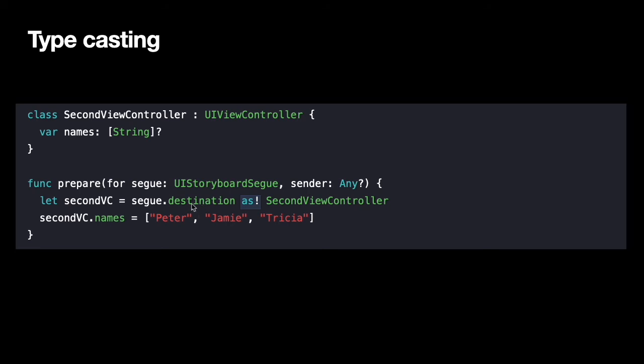In our case, we know, since we did the implementation, that the actual destination is SecondViewController. So in that case, when we're preparing for the segue, we can typecast the segue destination as a SecondViewController. And because we set up the segue manually, we can safely, forcibly typecast it using the exclamation mark.